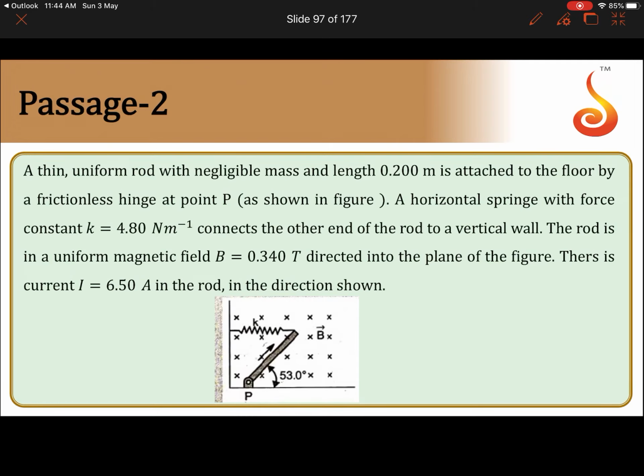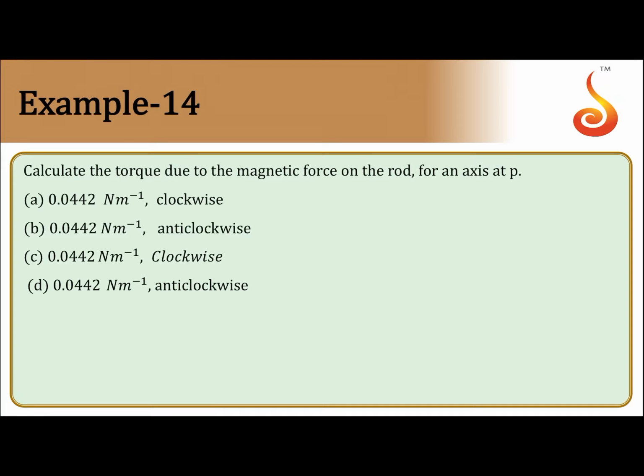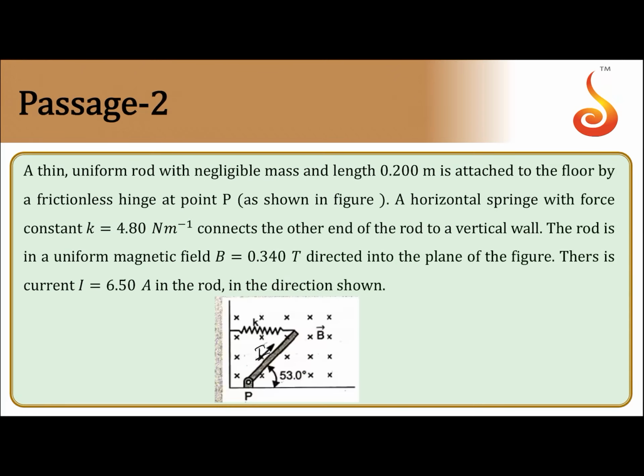This is current. So calculate the torque due to the magnetic force on the rod for an axis at P. So let us find the direction of the magnetic force on any element. So current is this. So the force can be given by Fleming's left hand rule.